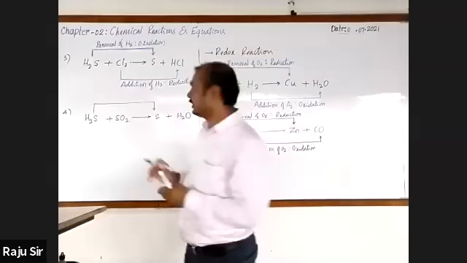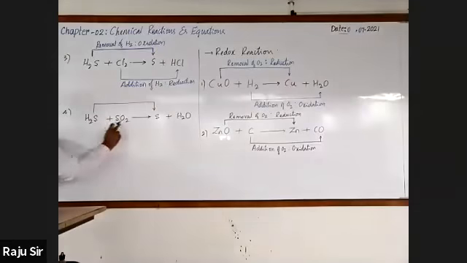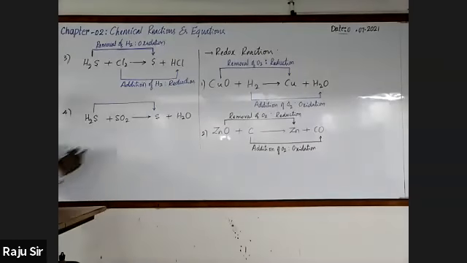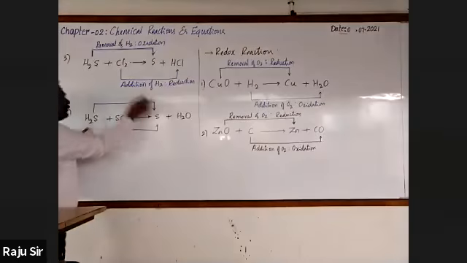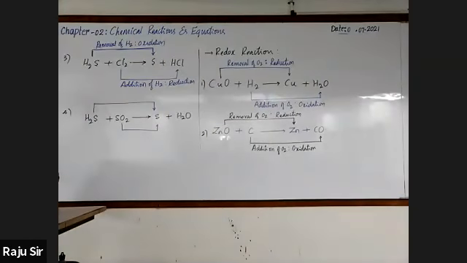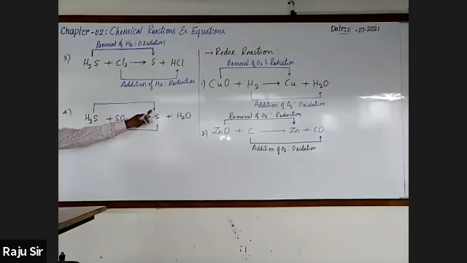Right? Or you can observe this one. Sulfur dioxide, here oxygen is there. Whether oxygen is removed or not, then should I show the arrow mark from sulfur dioxide to sulfur or hydrogen sulfide to sulfur? Hydrogen sulfide to sulfur, sir. Yes, removal of hydrogen. Then what do you say about this? You say removal of oxygen. Sir, oxygen is not removed.